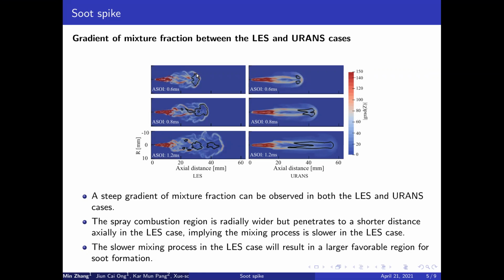If we look carefully on these pictures, we can see that the spray combustion region is rather wider but penetrates to a short distance actually in the LES case. This tells us that the mixing process in the LES is slower.